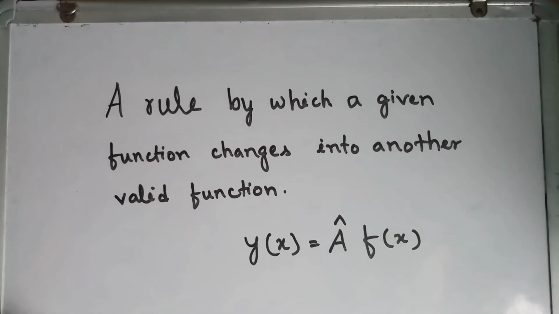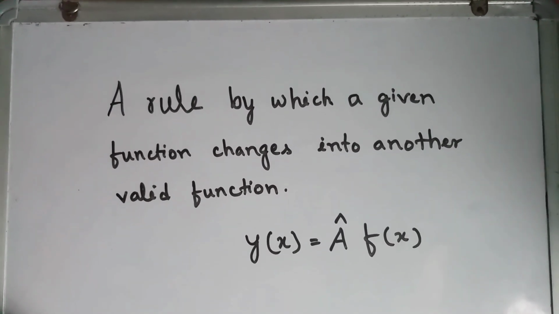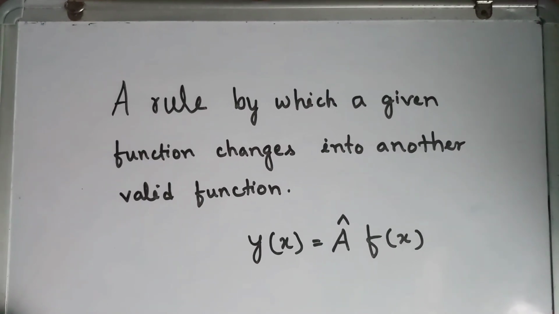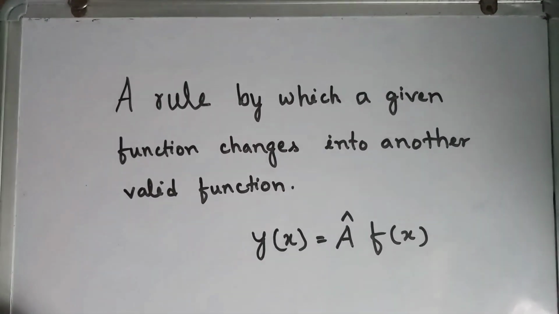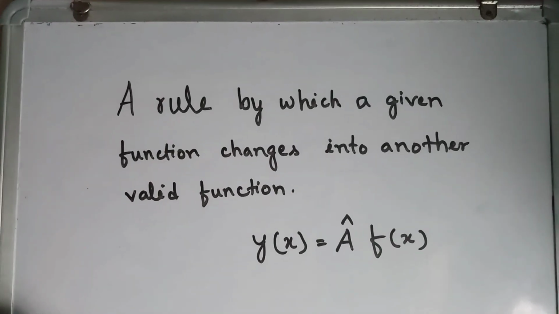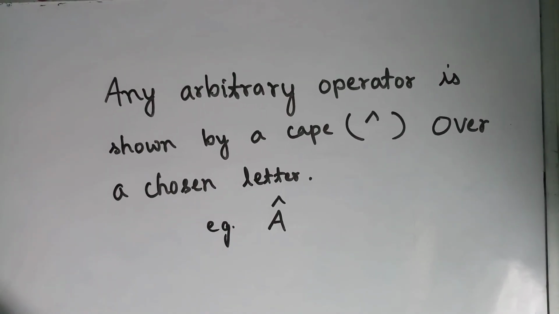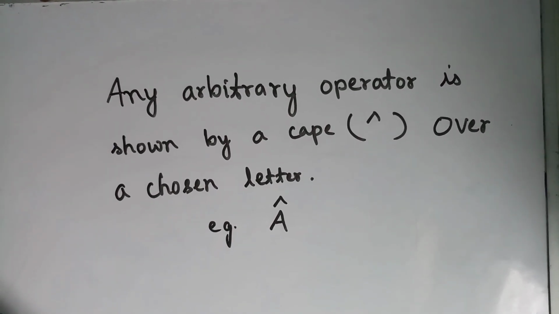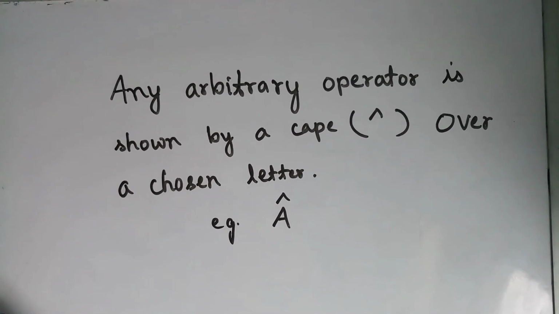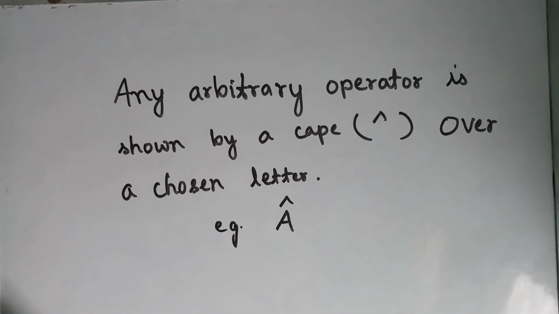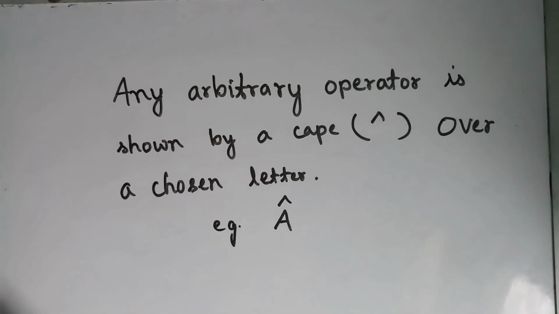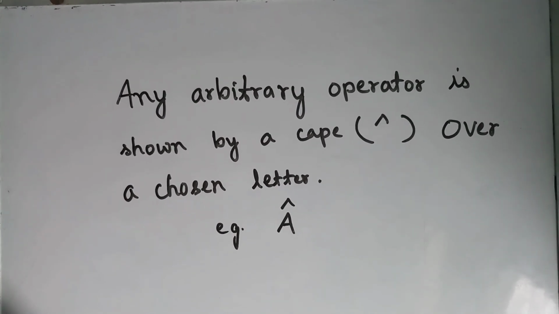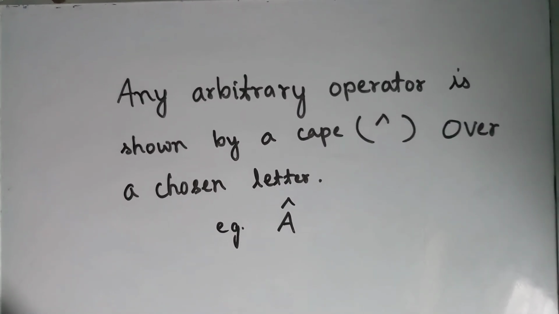Here I have taken a cap on the function f(x), and this will effectively give you the new function y(x). So you can understand from the example that any arbitrary operator is shown by a cap over a chosen letter, as I have taken here the letter A, and giving a cap gives you an operator.